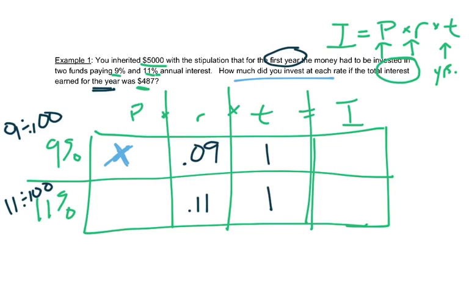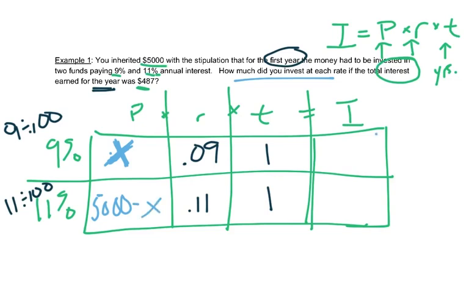Well, to find how much we have left, we would do 5,000 minus 2,000, and we would get 3,000 left. Or if we put 1,000 in the 9%, we'd do 5,000 minus 1,000 to find the 4,000 left. So if we don't know how much we put into this 9% account, then we would need to do X, but then the 11% account would be 5,000 minus X.